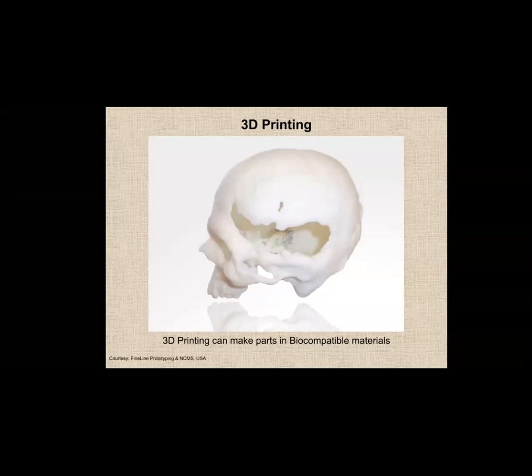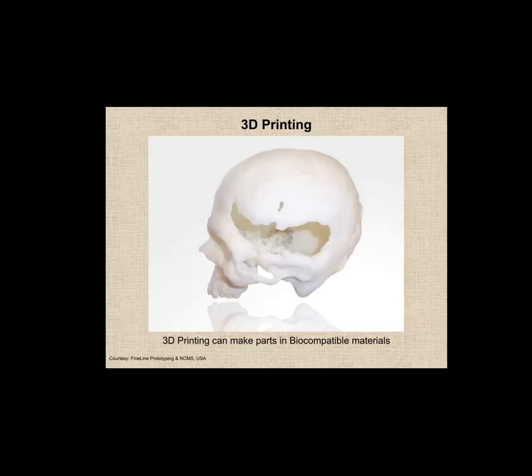Then they deposit material as per the model. The model has been created from reverse engineering, not from a concept. Previously it was generated from the actual concept, but recently reverse engineering also plays a key role, especially in biomedical applications.